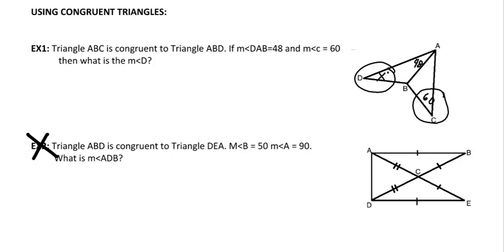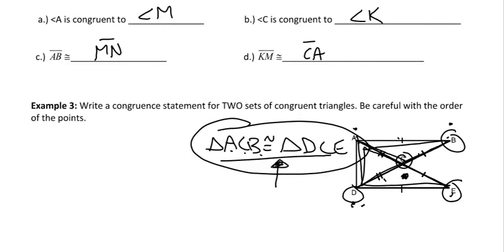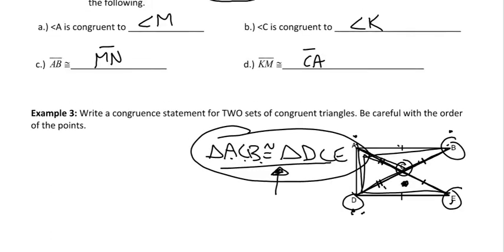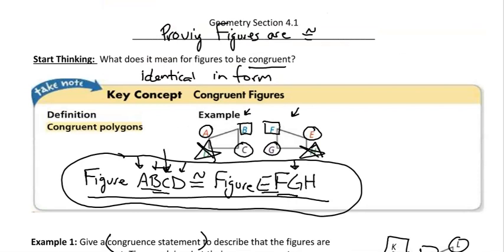Now, I want to go back to this previous one over here, and I just want to add something really quickly to our definition. So congruent polygons are going to be polygons. I forgot to write down the definition. Let's go ahead and do that.